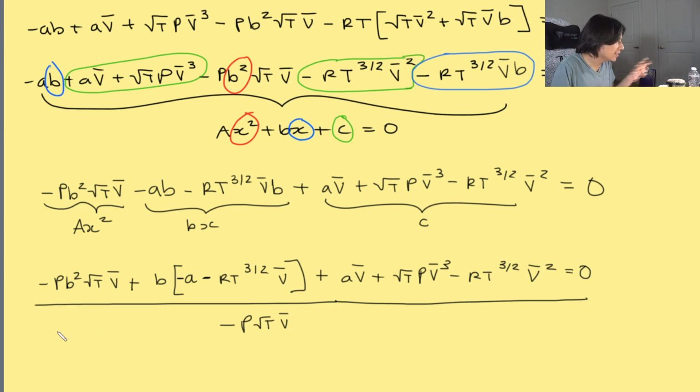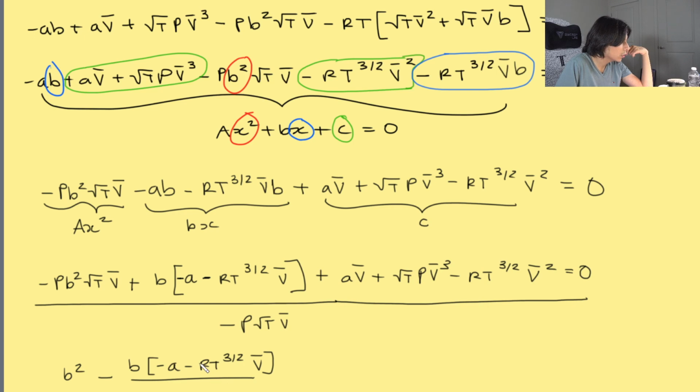But yes, you divide both by the negative. You want to isolate, so you just have a positive b squared term, which is really similar to that x squared. And then here you're going to do plus b times, what we're going to do is minus b, because we're going to distribute that to that term, and put it in front. So minus b times negative a minus rt to the 3/2 v bar, and then over p square root of t v bar.